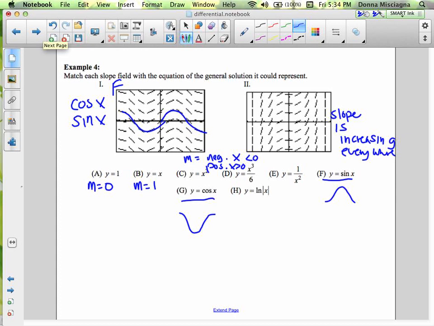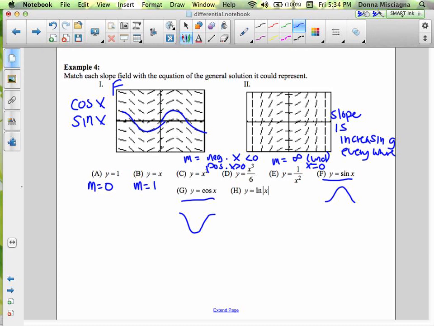This one here has slope of infinity or undefined at 0. Right? I have a slope of 0 here, so it certainly can't be that one. So if we ruled out everybody, I think you can see which one it is.